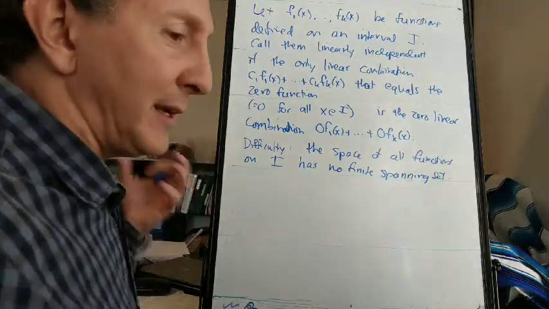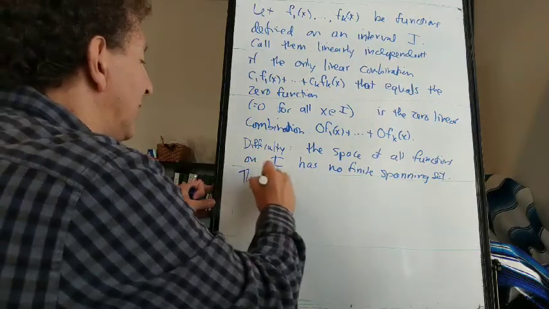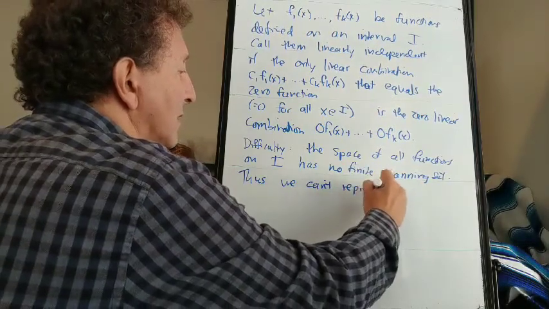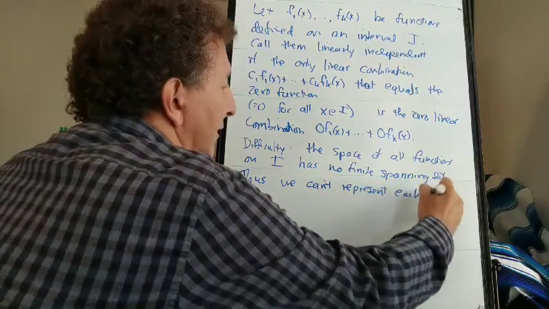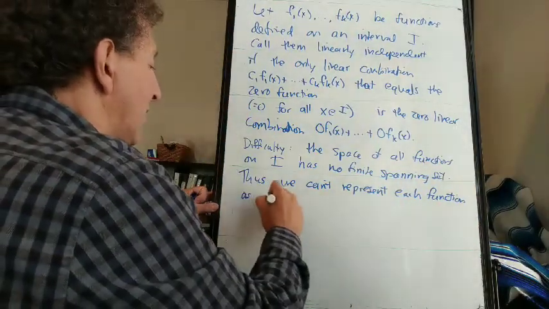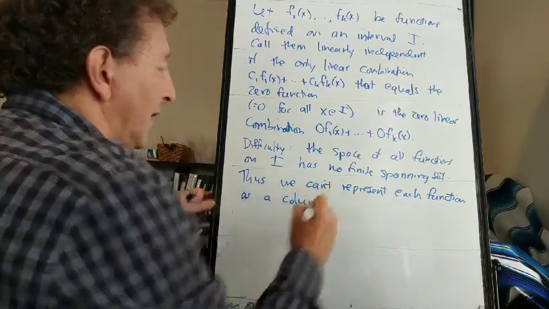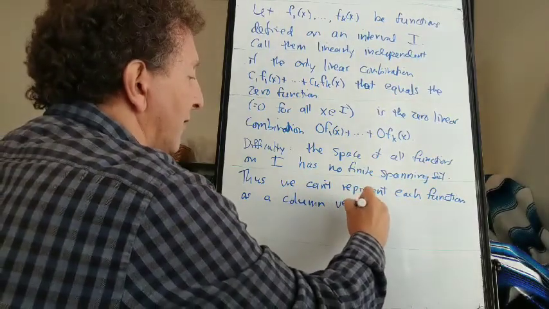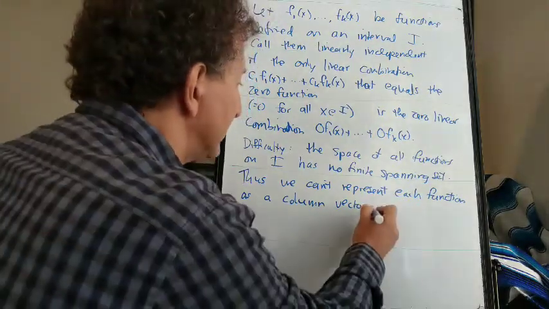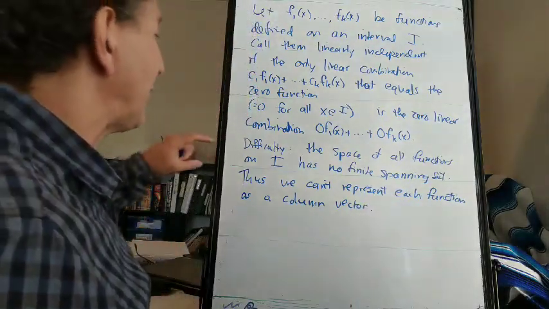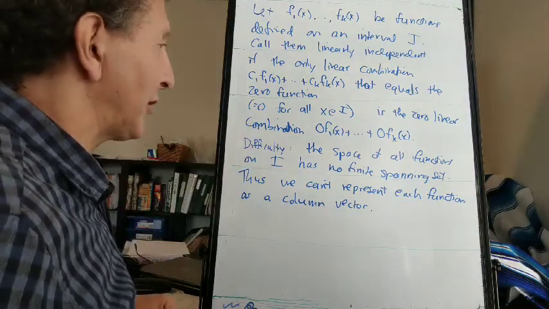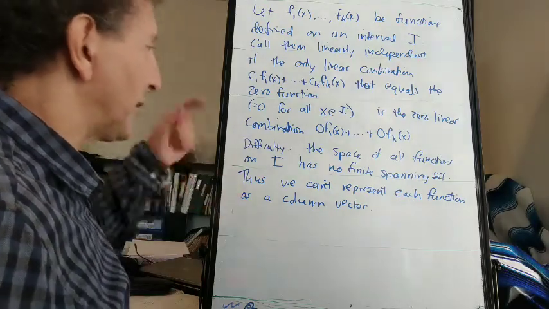So that means that we can't represent each function as a column vector. And that's true even if we restrict our attention to continuous functions, and it's true even if we restrict our attention to differentiable continuous functions.